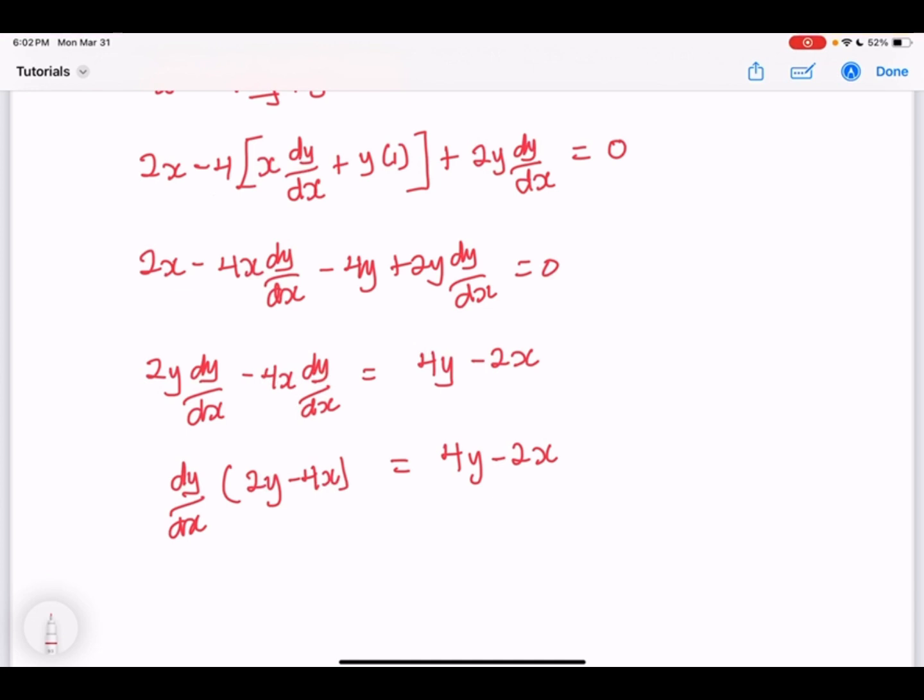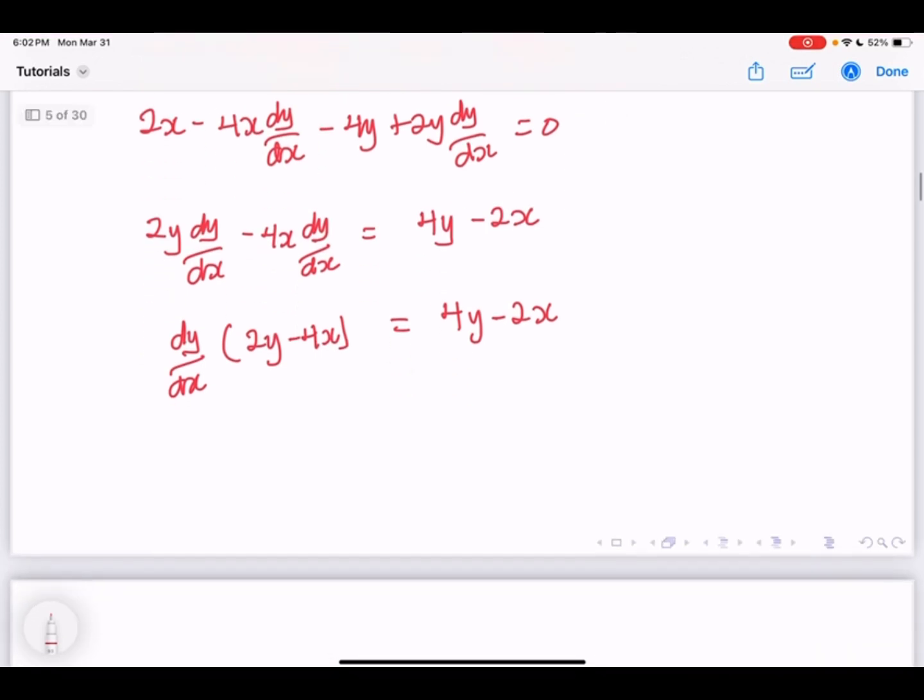So our goal is to make dy/dx the subject, so we divide by 2y minus 4x. So our answer will be dy/dx is equal to 4y minus 2x divided by 2y minus 4x. So this is the rate of change of y with respect to x.